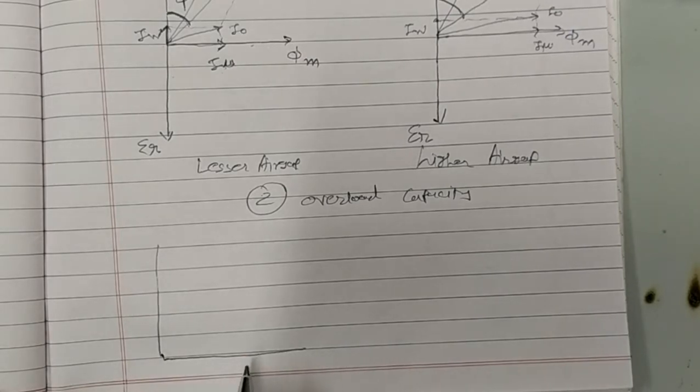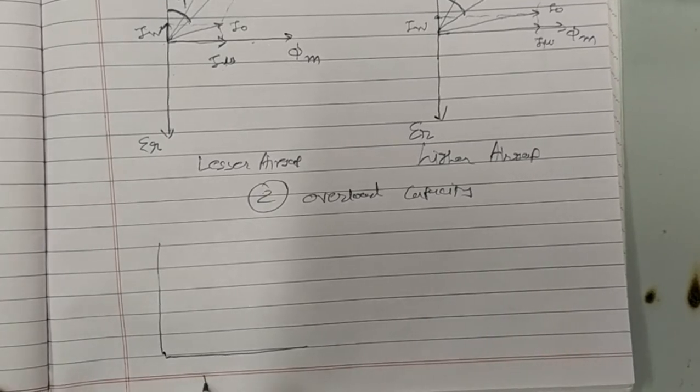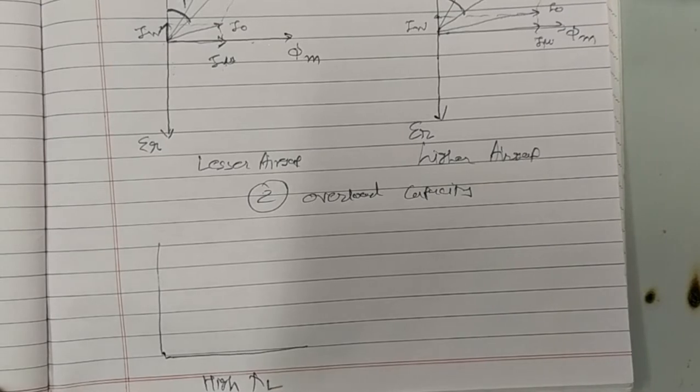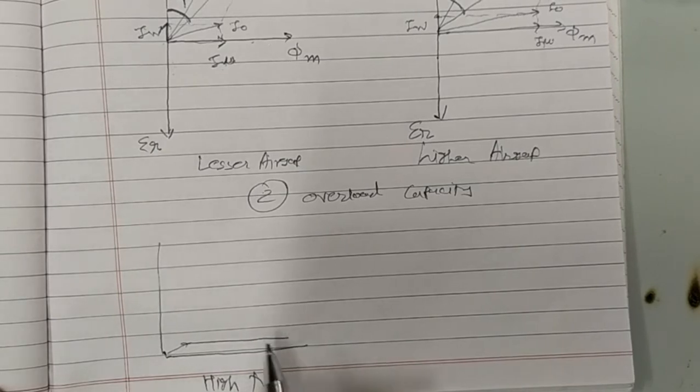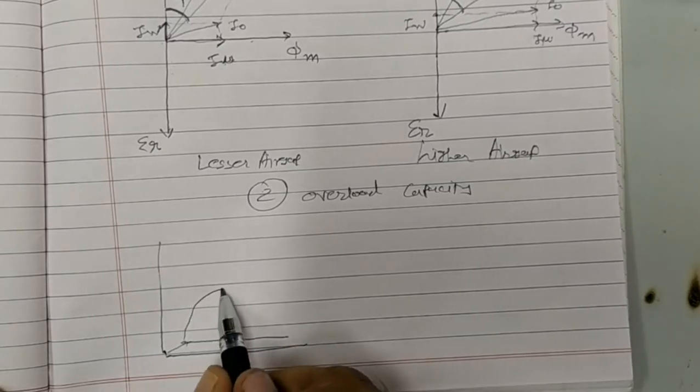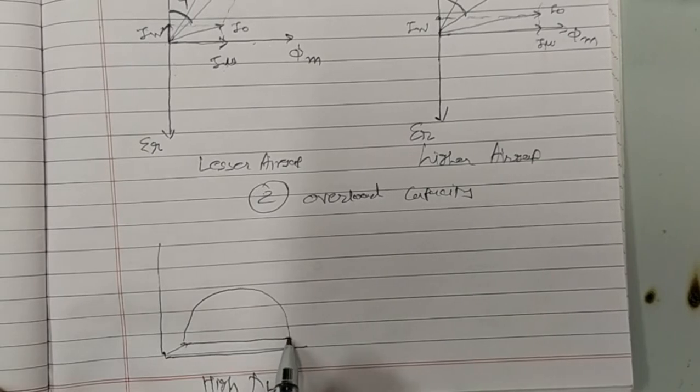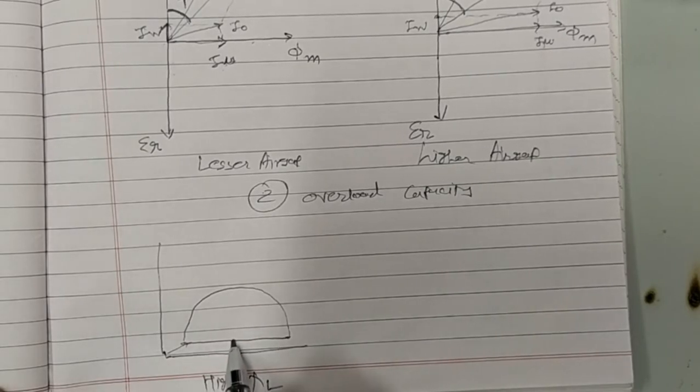Okay, let us say this is the vector diagram for a high value of leakage reactance XL. Then the no load current we have. Then this diameter we do have, and we have a semicircle like this. We have a center.